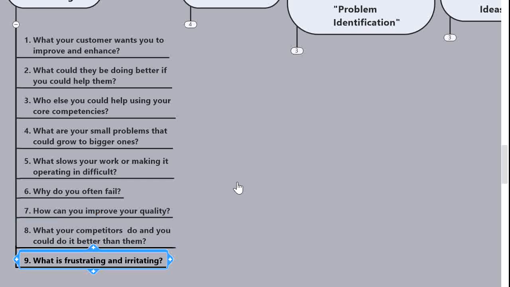What is frustrating and irritating? In the surrounding of what's going on with you, you need to figure out when you feel frustrated and irritated, and sometimes you are clueless. You don't know what to do. You have plenty of problems, and you need to think about something. So here we transition to an important topic we teach in management, which is creativity and innovation, and making brainstorming.